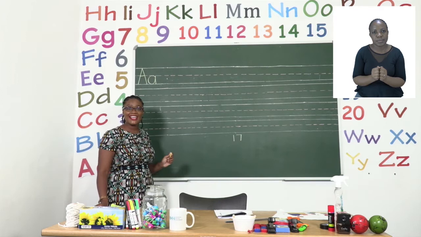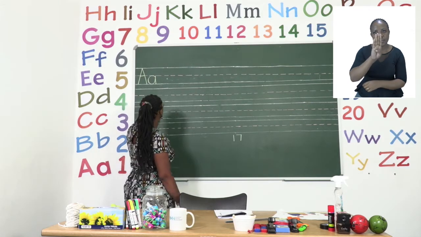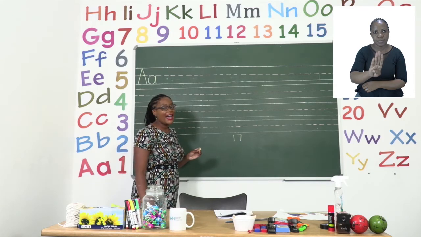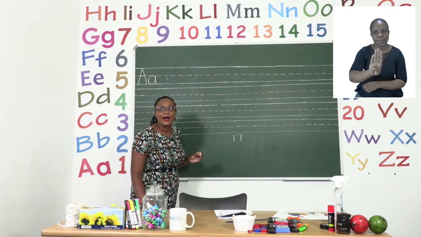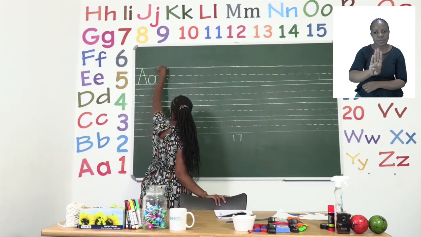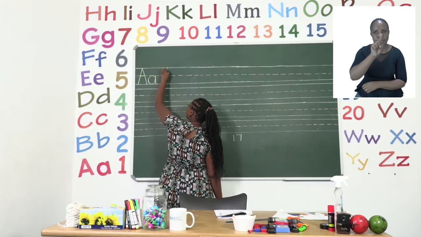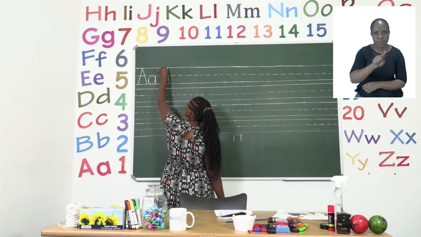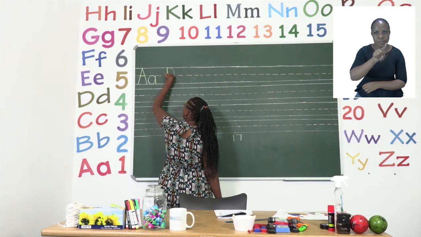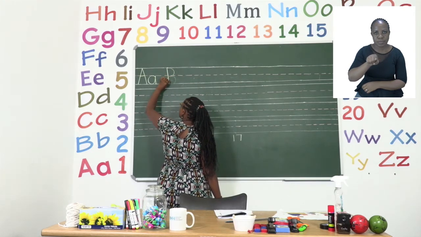Let us now move to the next letter. We have the letter B, also known as B. The sound it makes is B. So let us start. You in your booklet. We start at the top going down and then we say round and round.